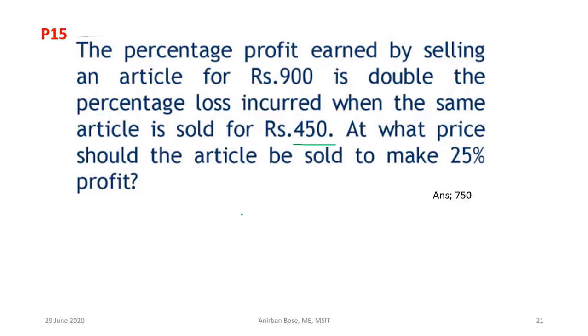So in that case, we can say 3L, because if you think in that way, suppose this is 450 and here it is 900. Okay, and here is the cost price. Now this is a loss and this is the amount of profit, this profit is the same as double of that loss. Okay, so total 3L is this difference, 900 and 450. What is the difference? 900 minus 450 is again 450.